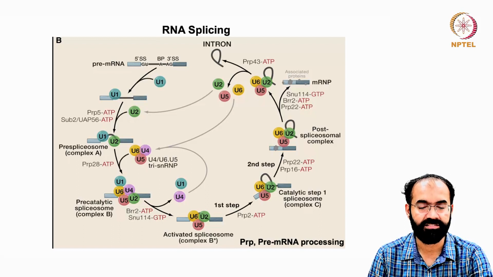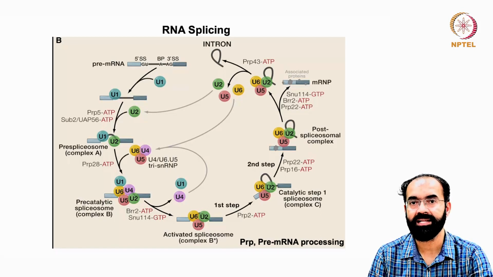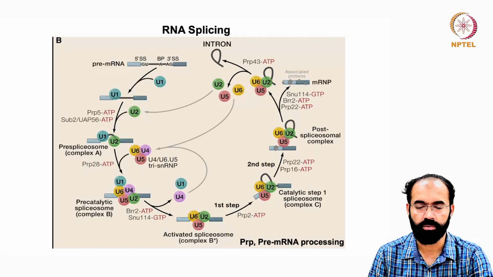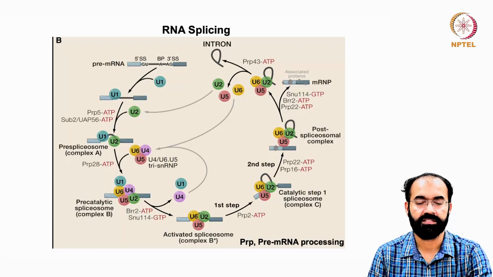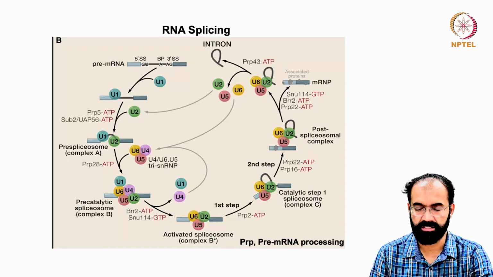Along with them, 10 ATP molecules and 2 GTP molecules are utilized. So splicing is a tremendous task with a lot of energy consumption.